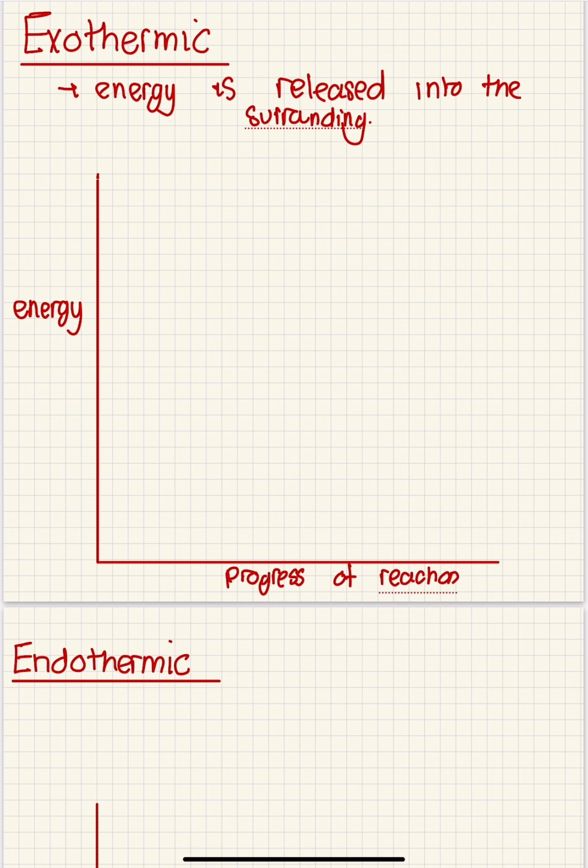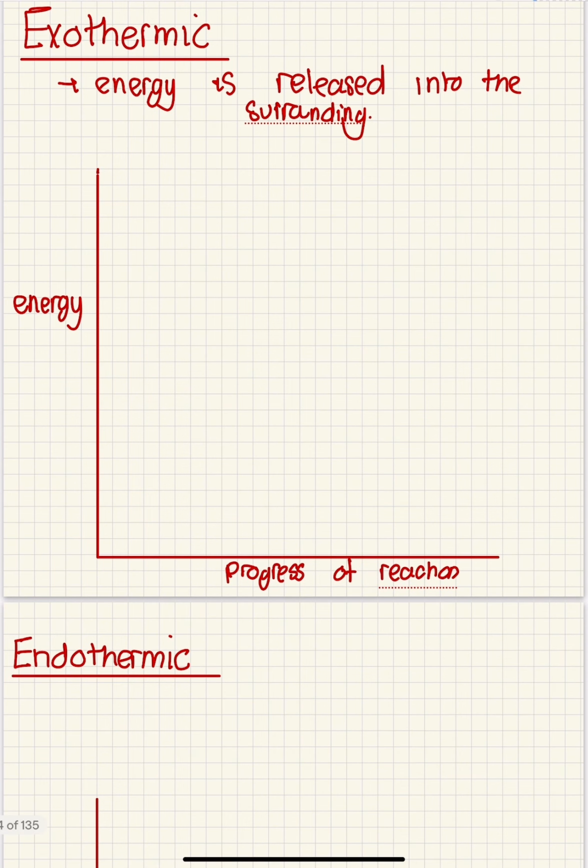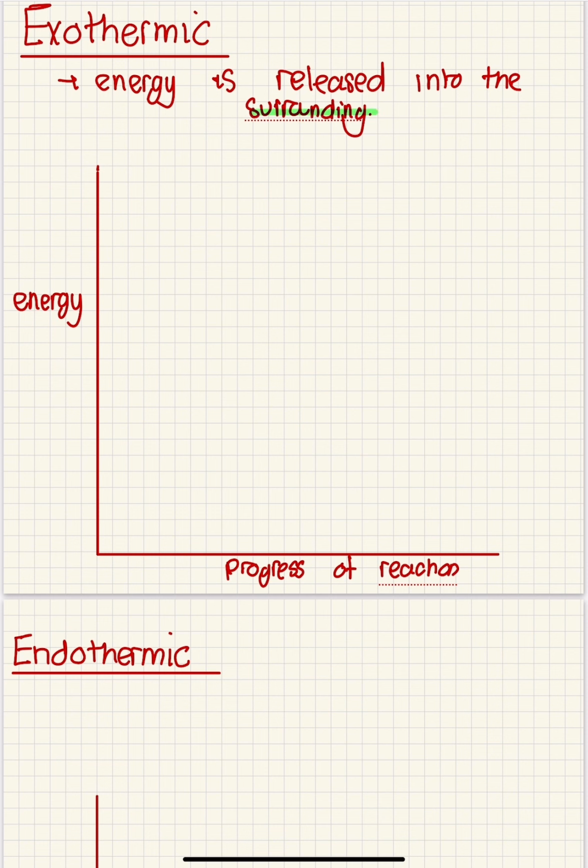Now, because it's exothermic and energy is released into the surroundings, that means that the energy level decreases. Why? Because energy is released to the surroundings. So the reactants in the beginning have more energy than the products because energy is released. After the energy is released from the reactants, the energy will go down.